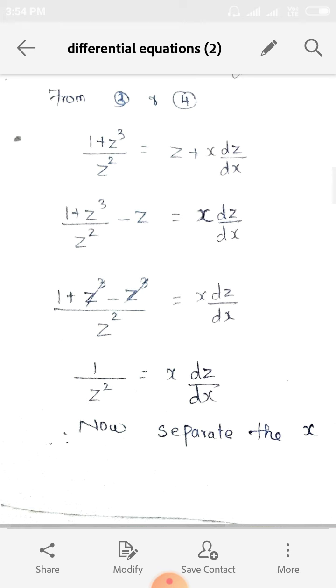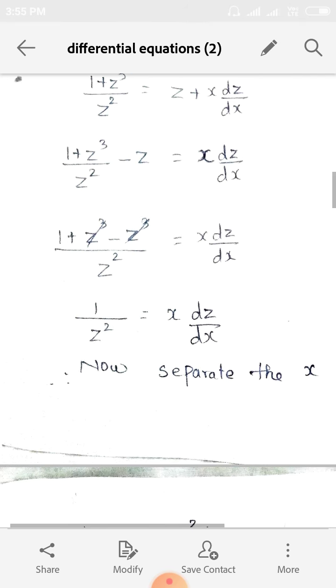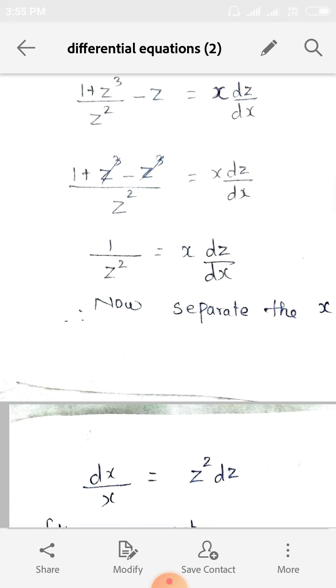The next step is taking LCM: (1 + z³ − z³)/z² = x dz/dx. The next step, cancelling z³. Plus z³ minus z³ is getting cancelled. We get 1/z² = x dz/dx.